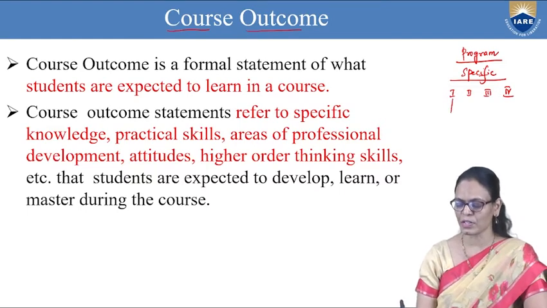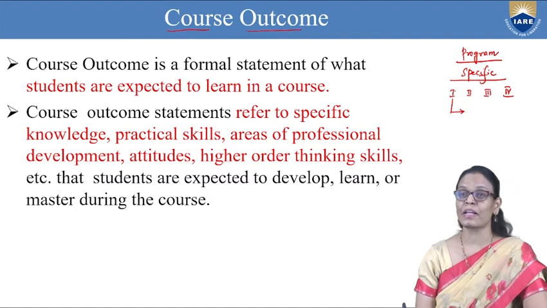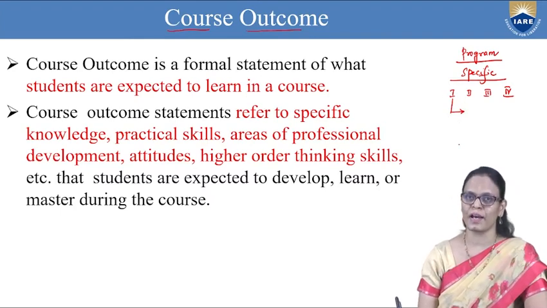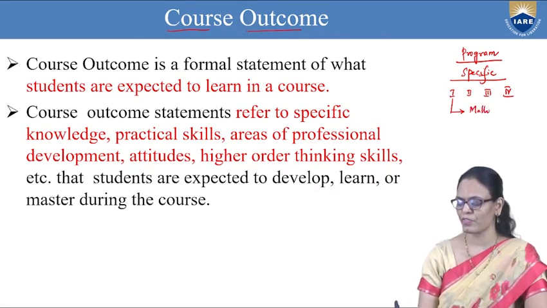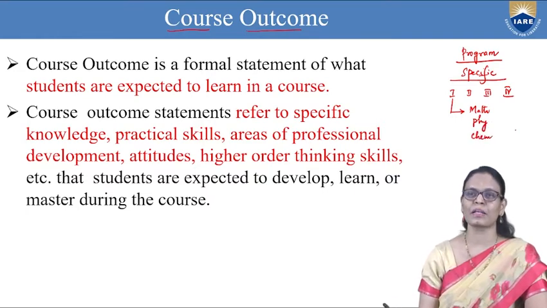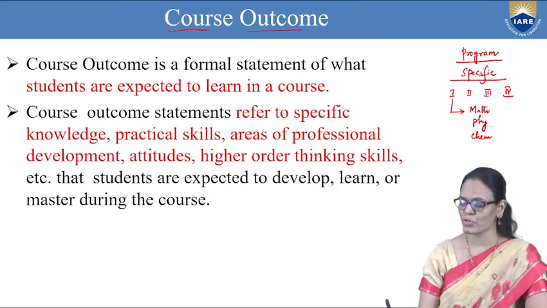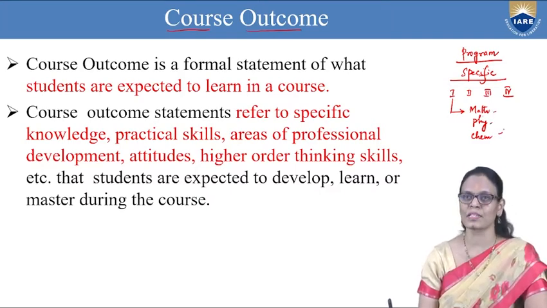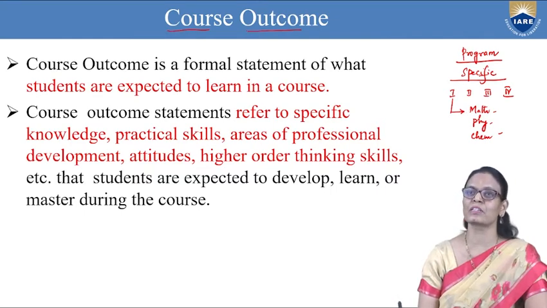So in the first year, or the first level, what are the courses they have? Suppose they have the basic foundation courses: math, physics, chemistry, maybe fundamental programming, whatever it is. All these will become the courses. Now each course has to be aligned with the program.